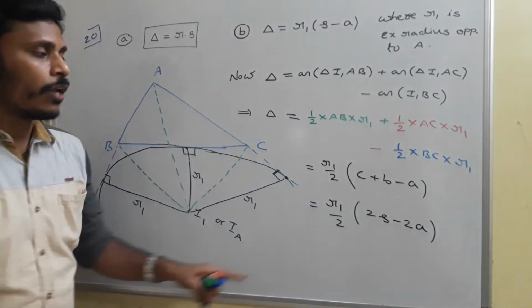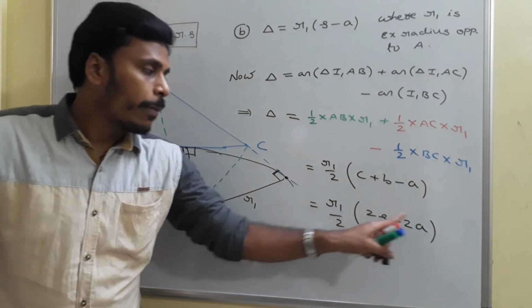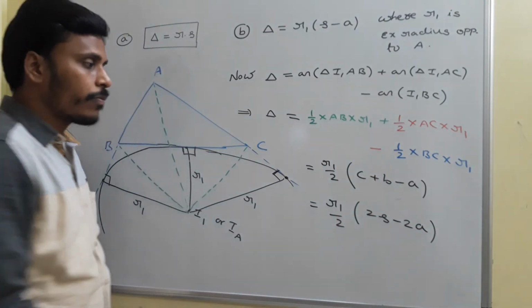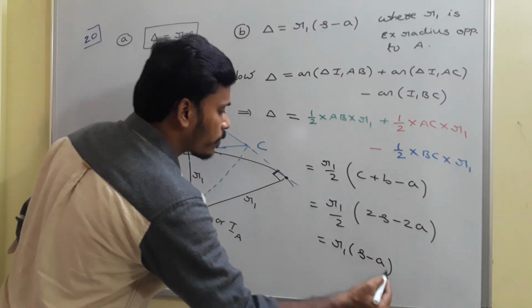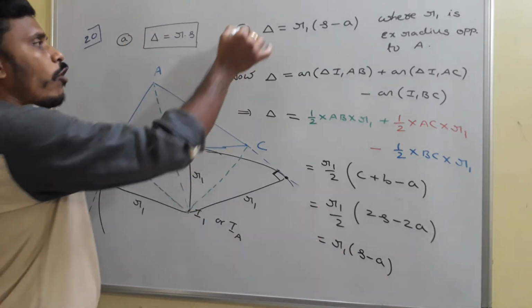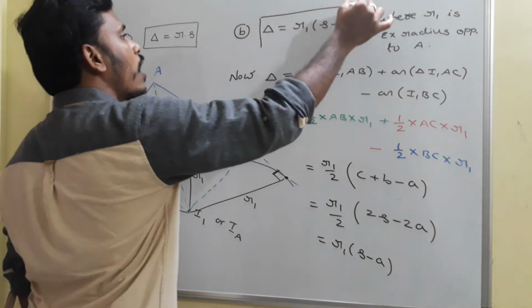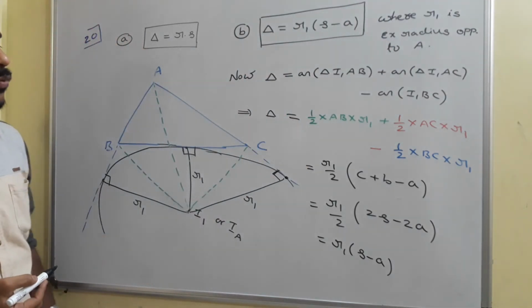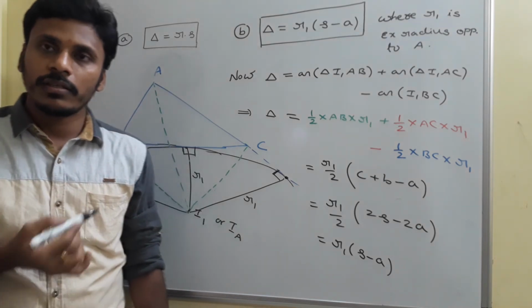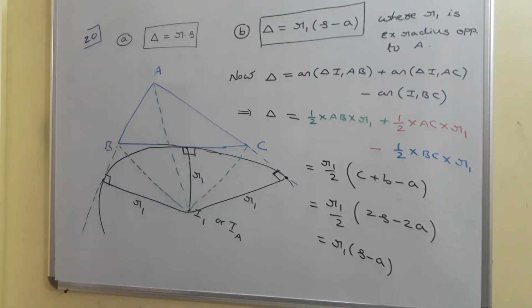Just think about it. 2S is a plus b plus c, minus 2a is b plus c minus a. And if you cancel out that 2, you are left with R1 times of S minus a. So area of the triangle delta is equal to R1 times of S minus a, where R1 is the exradius opposite to vertex A. Just have a look. It completely depends on the excenter and exradius.